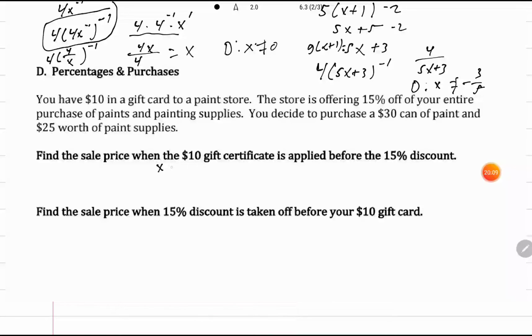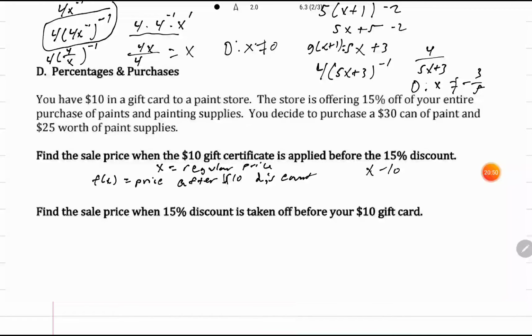Let's say x represents the regular price. Let's say f of x is the price after the $10 discount. So that's like x minus 10.